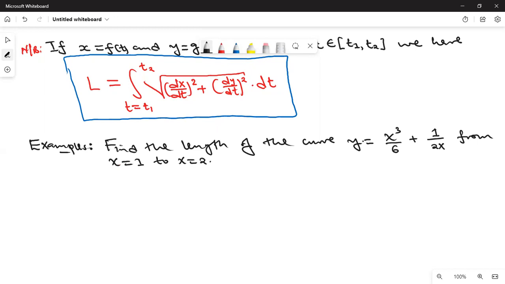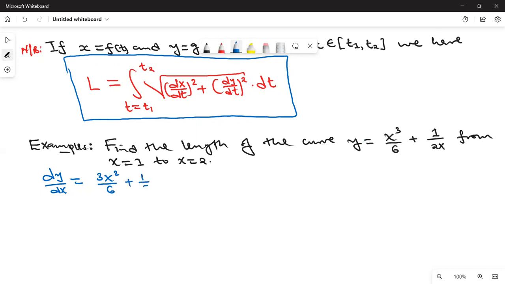That's what we have. So look at our formula. We need to find dy dx. So we start by differentiating. Solution: dy dx is equals to differentiate x cubed, that is 3x squared, then you divide by 6. So that is 3x squared over 6.